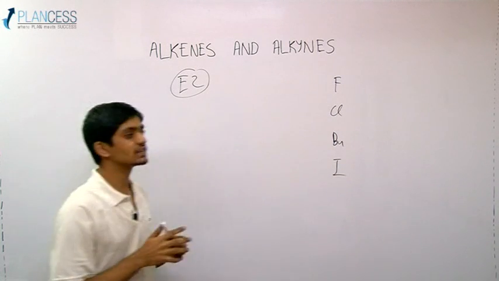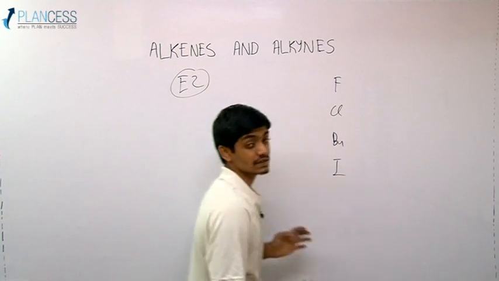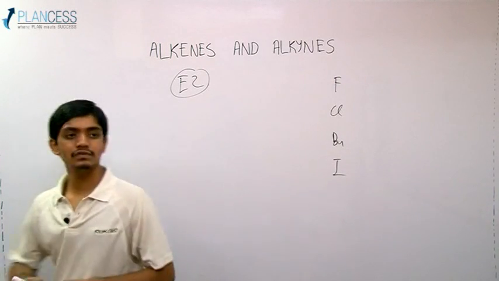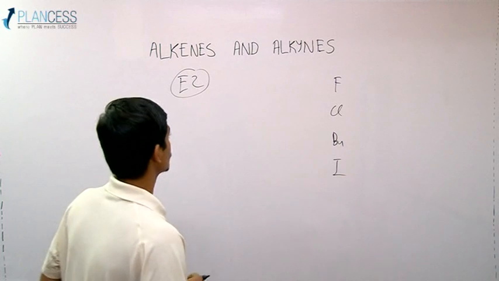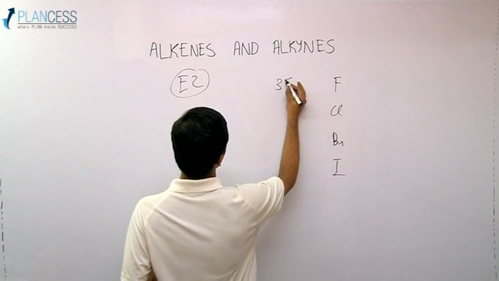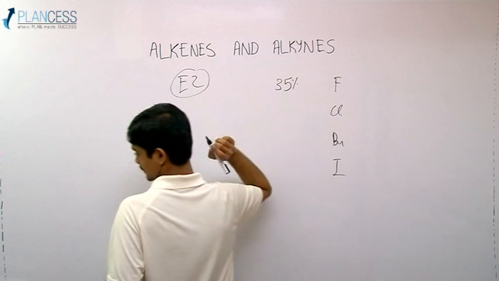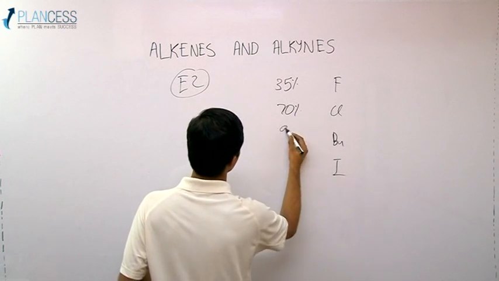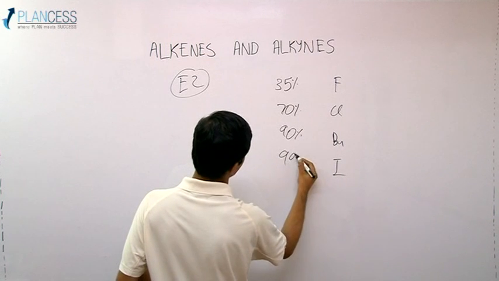How much percentage of the major product, that is, this elimination product in E2 case, will be observed when these undergo the reactions? So let us see, fluorides, it is quite less, 35%, and 70% for chlorides, 90%, and almost 99%.